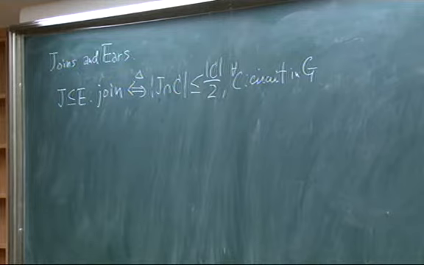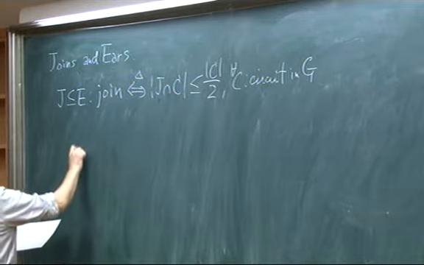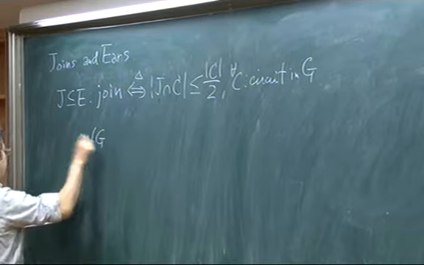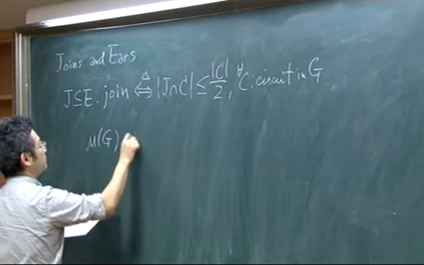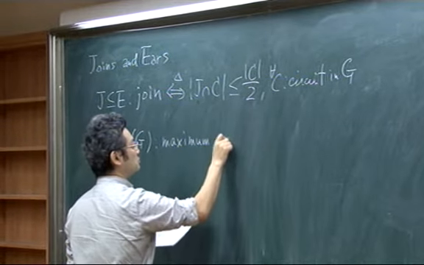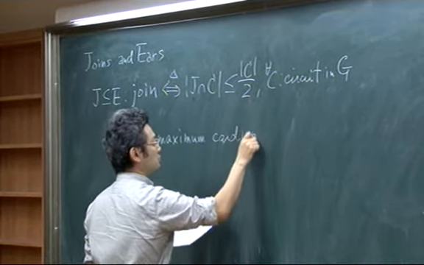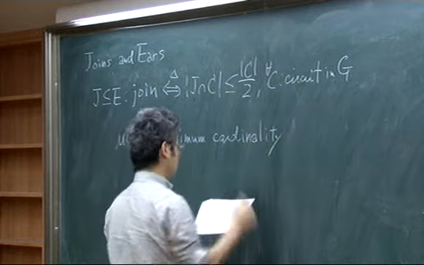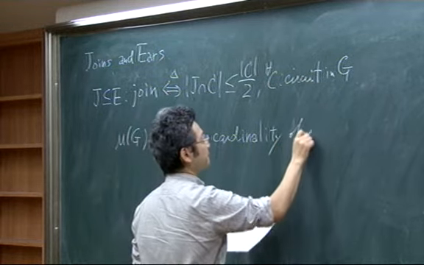Now we denote mu(G) by the maximum cardinality of a joint.